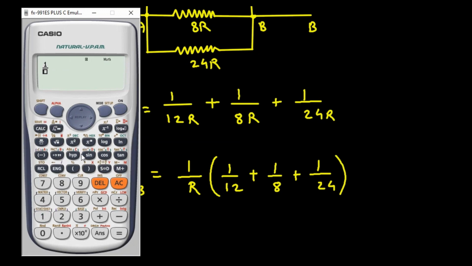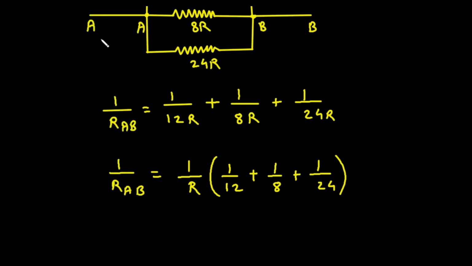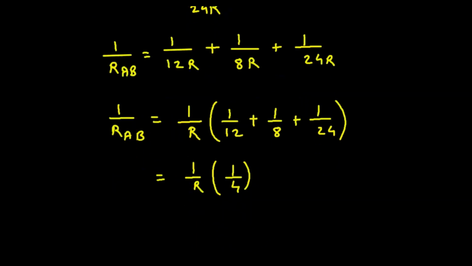So it will be 1 upon 12 plus 1 upon 8 plus 1 upon 24. So it is simply 1 by 4. So this will be 1 upon R into 1 by 4.